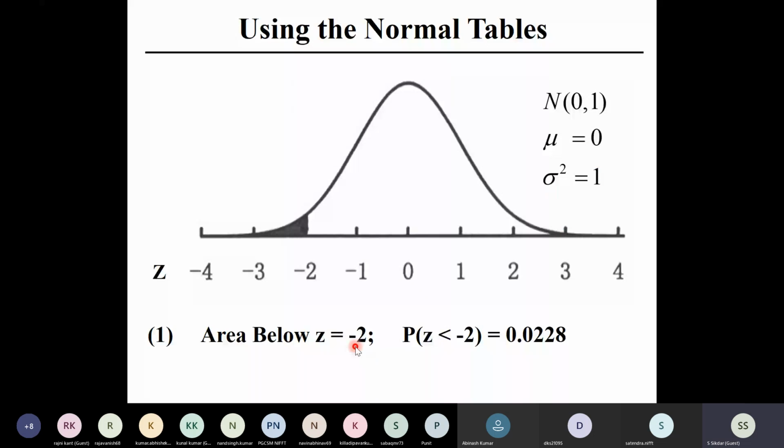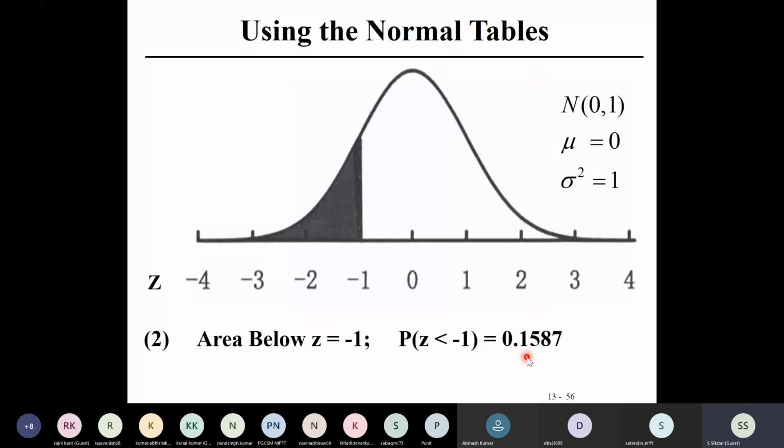Z below minus 2 is only this area, and if you go to the table you will find that it is 0.0228. So that is one use. It shows the area below this.